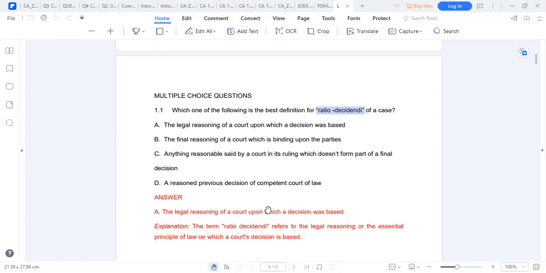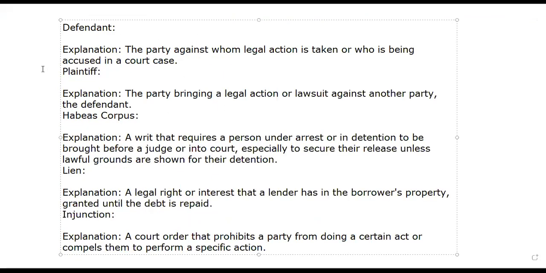There's also what is called habeas corpus. So these are just some of the terms before I get to go through some of the questions that we have here, so that I may take you like a layman in this course. So we're just looking at the glossary or terminologies of law. So a defendant is simply a person who is sued.